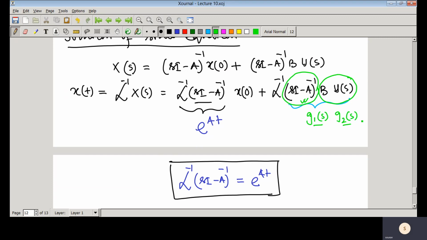So you have two matrix functions in the Laplace domain which are in product form, and you are trying to find the Laplace inverse of this. As you know, the Laplace inverse of the product of two functions is, in the time domain, the convolution of the two functions. That we have discussed in Laplace transformation. So this is actually that convolution.